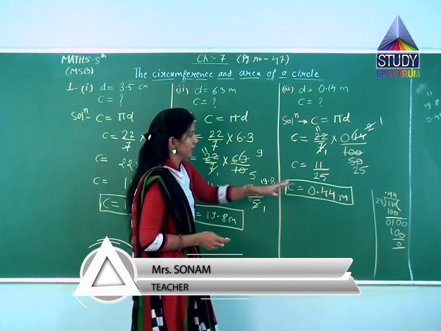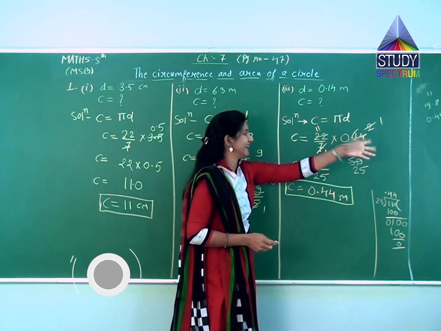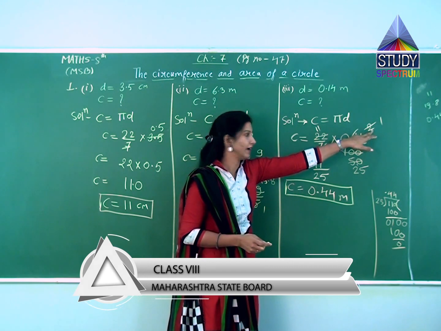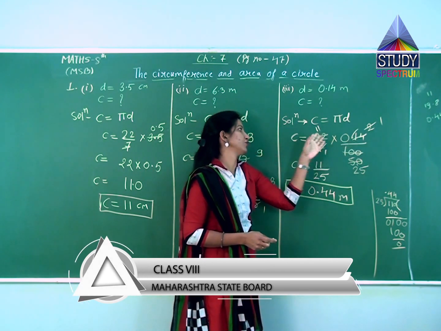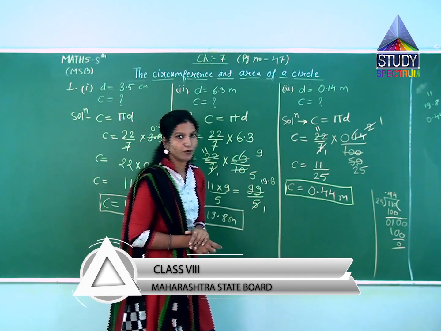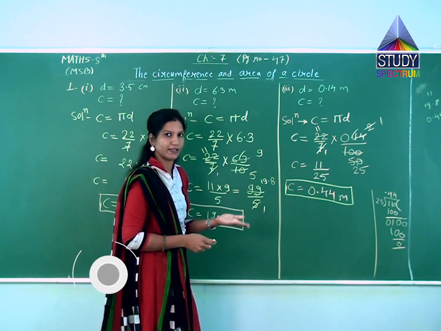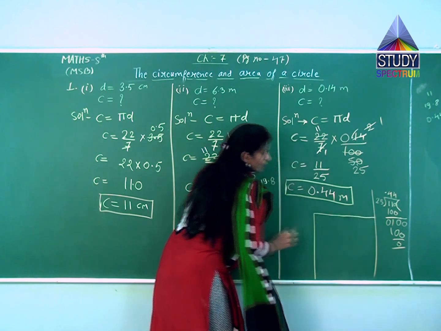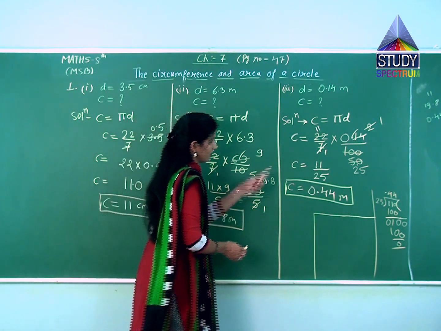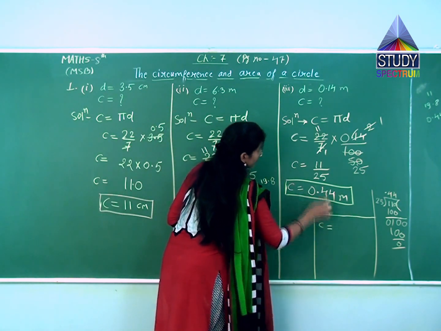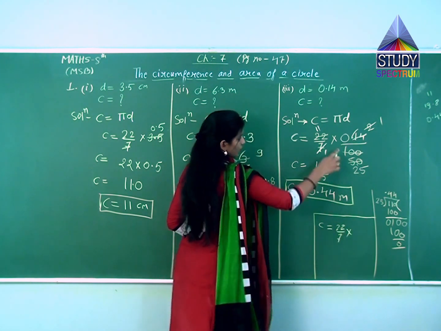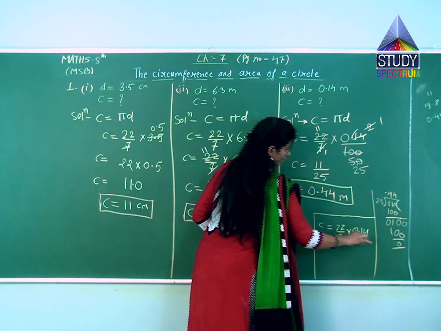You could either divide this 0.14 directly by 7, then you would get 0.02 here, and you can directly multiply that by 22 and get 0.44. You can do it that way as well. Just look here at how it could have been done. C is equal to 22 by 7 into 0.14.